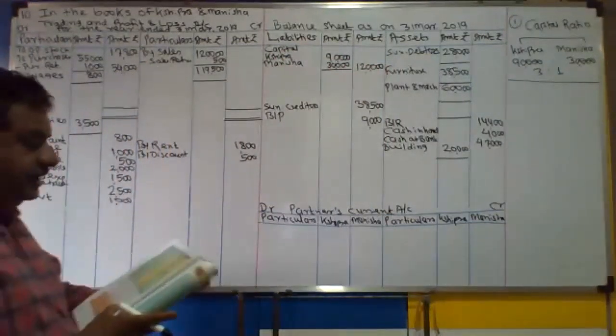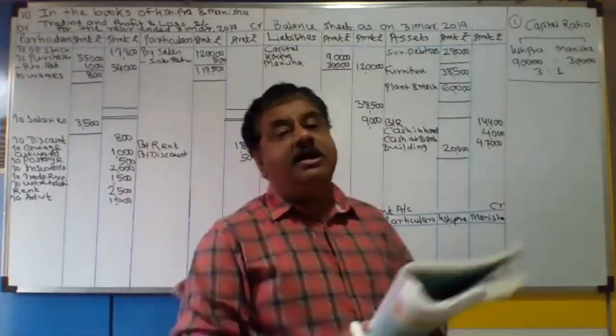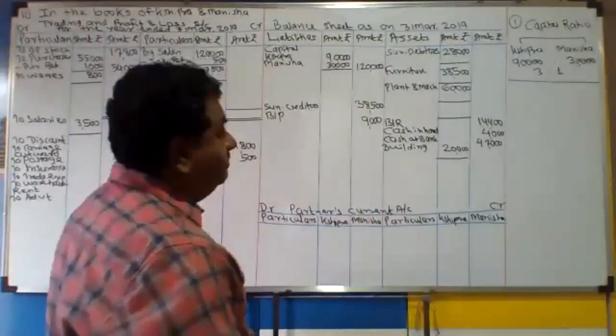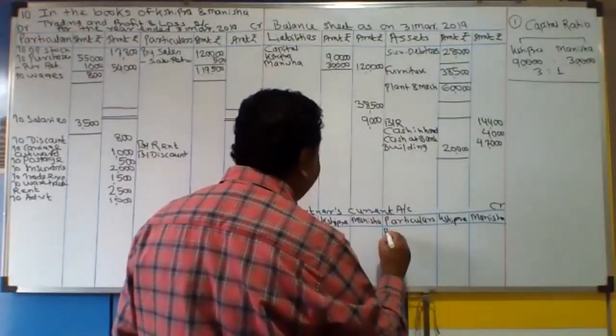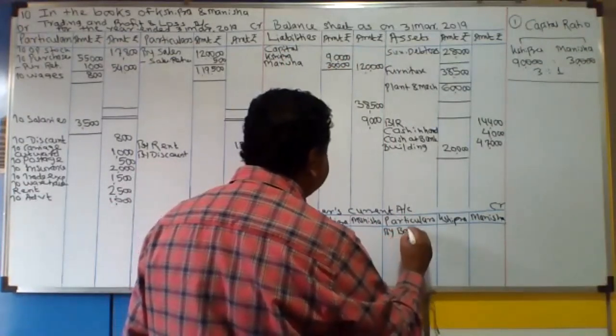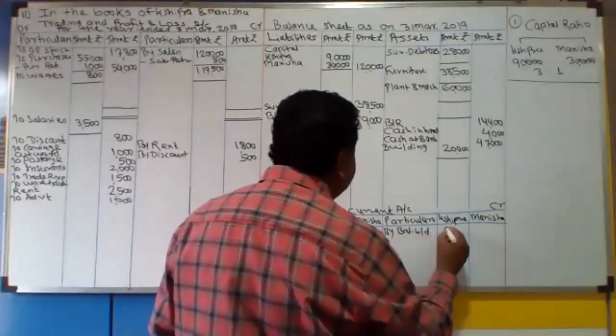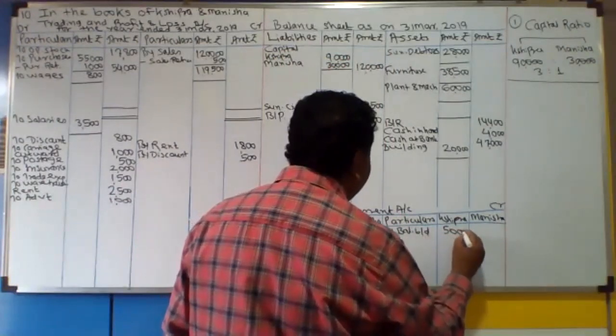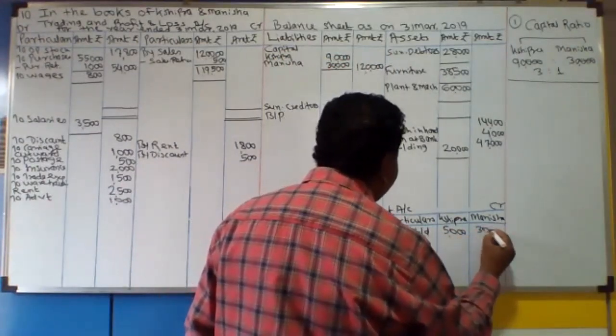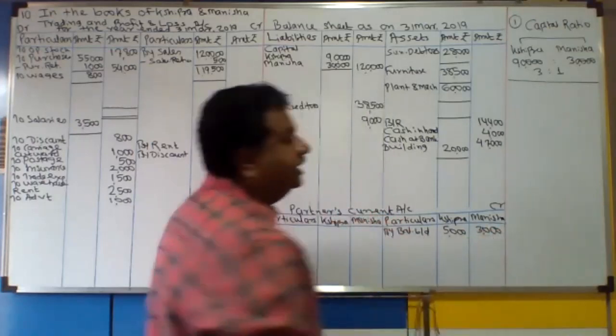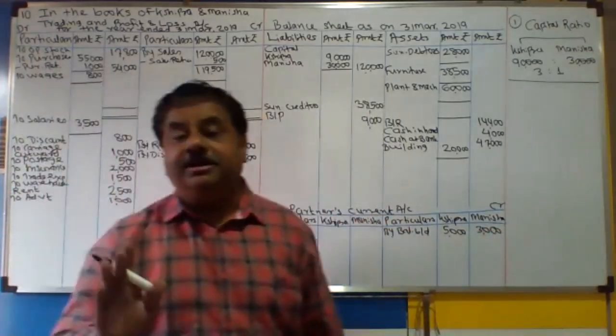Then current accounts, very important. Current accounts here are having the credit balance, meaning you have to write them by balance brought down. Current accounts may have a credit balance or a debit balance, nothing is fixed like capital.